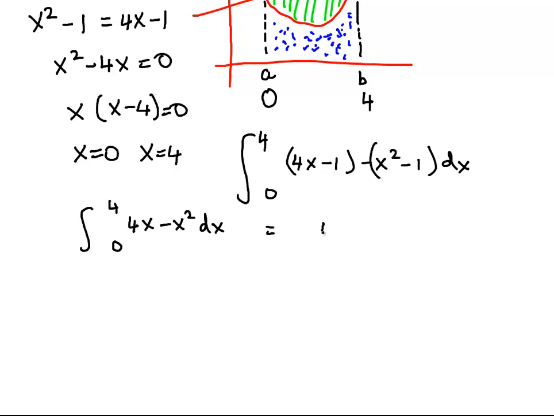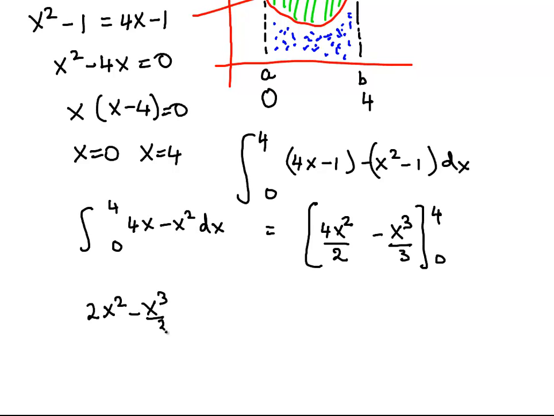That is equal to 4x squared over 2 minus x cubed over 3. And what we have there now from 4 to 0. 4x squared over 2 is like 2x squared, minus x cubed over 3.